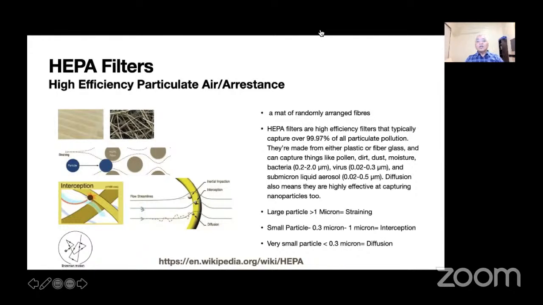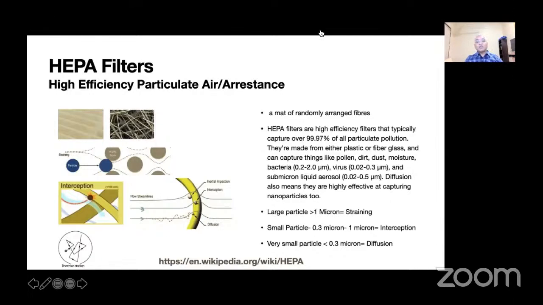They capture these particles via three methods. One is called straining. That means the larger particles just cannot pass through the fibers. Then the smaller particles between 0.3 micron to 1 micron are intercepted, as the air can move around these fibers, but these heavy particles will not be able to move with the air, and they will be intercepted.